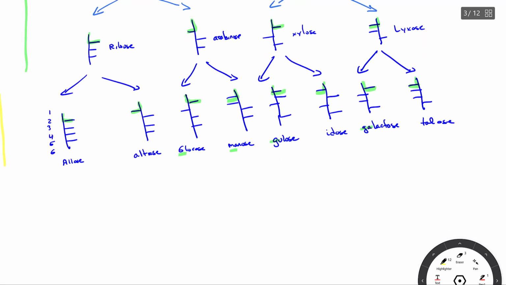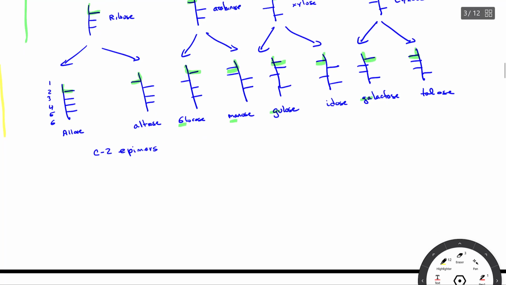So they're different at C2. So these are known as C2 epimers. Epimer is a term used for stereoisomers with many stereocenters, where they differ at one configuration. So they're the same except for one, and that's the term we use, epimers.